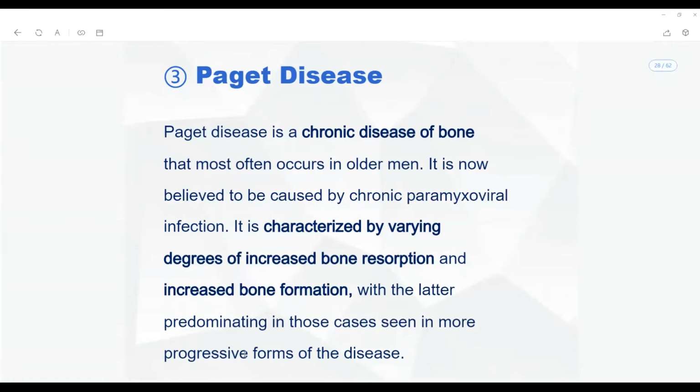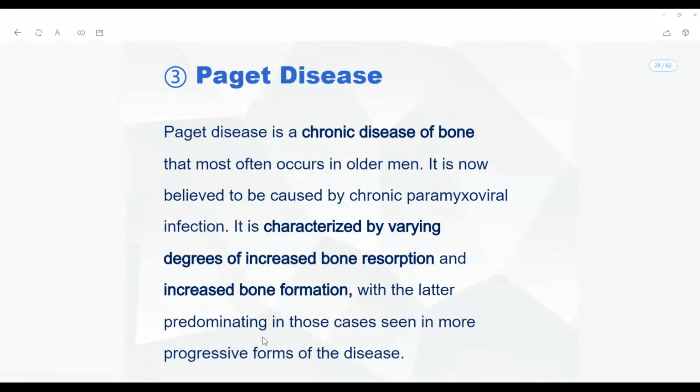However, in this particular situation, the new bone formation by osteoblastic activity is much more predominant, which means there will be increased densities in all those areas.